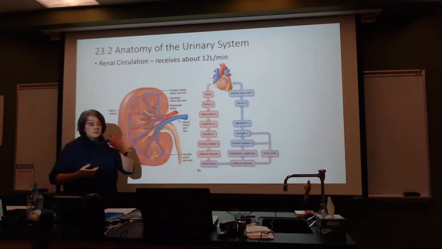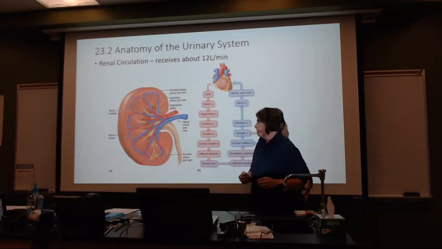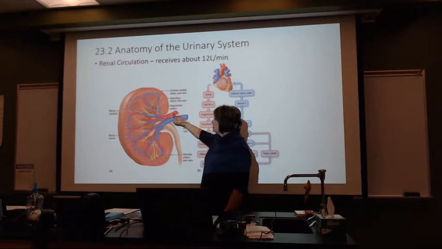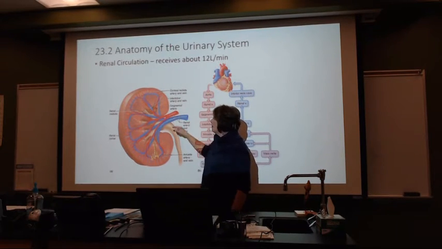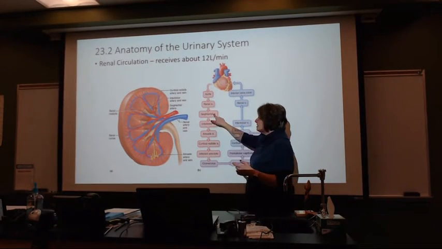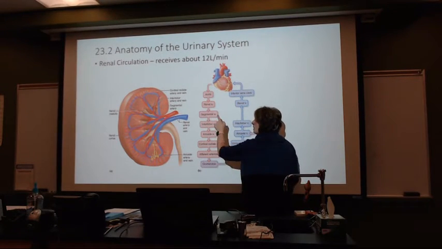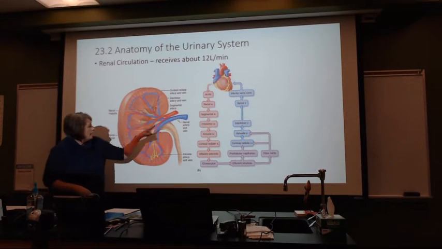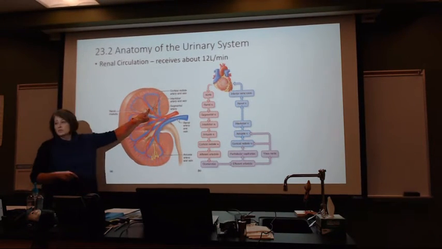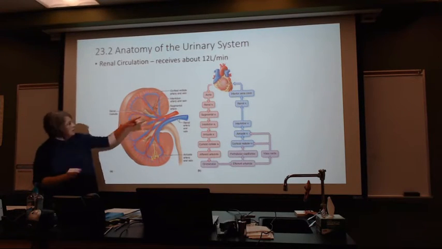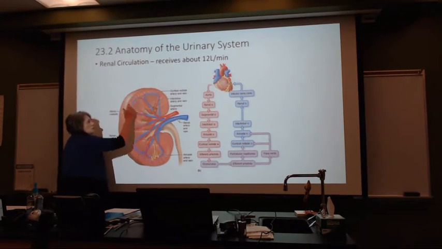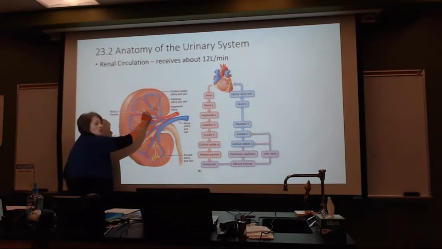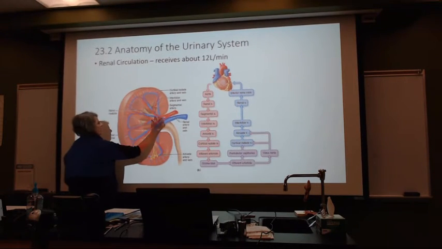So here's what we have to remember. It's under tremendous pressure going into this renal artery. And then, okay, this is how we're going to get the blood flow. So the renal artery is going to make its way to a segment. Look at this cone that I just mentioned, where it's this cortex, the renal portion, and the medulla, okay?